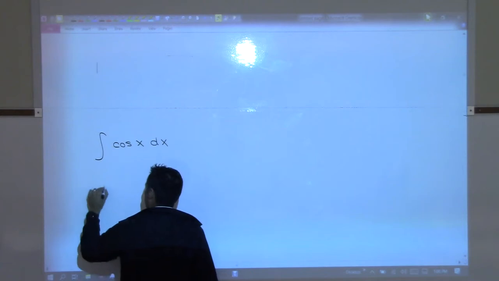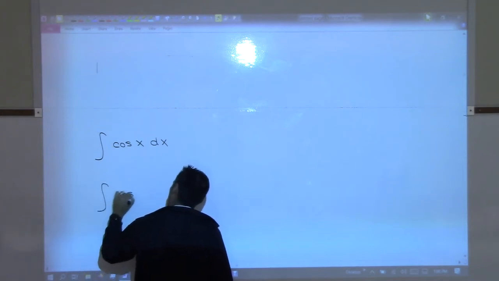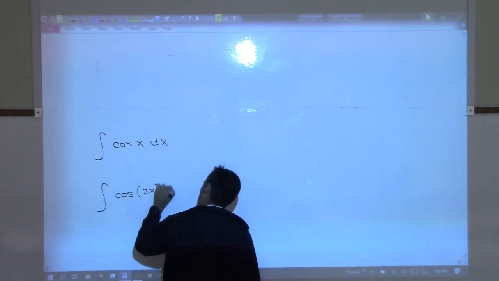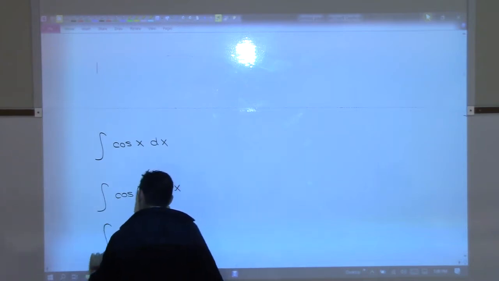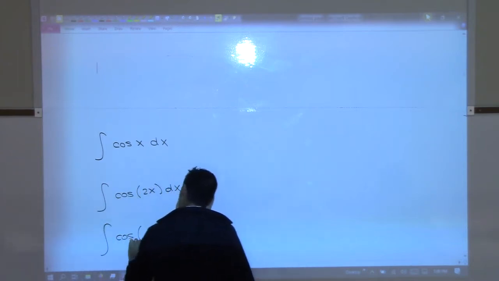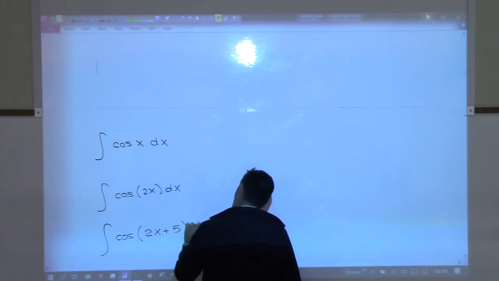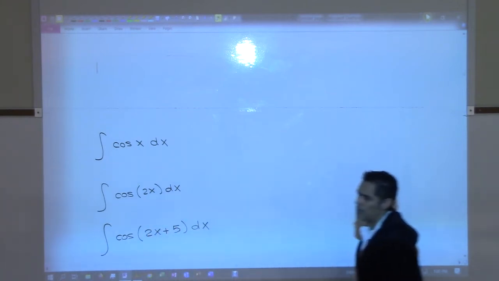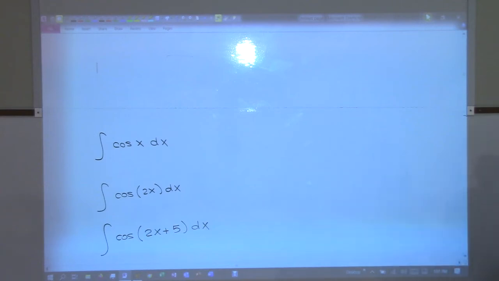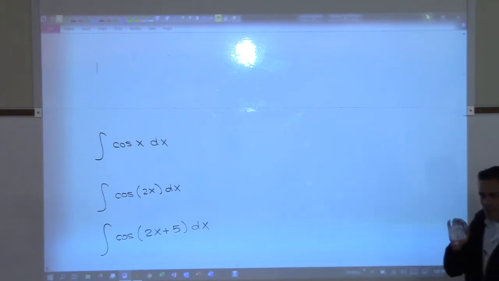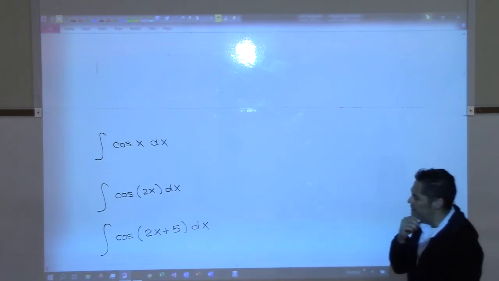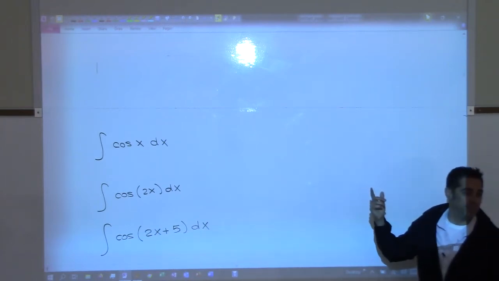All of these integrals are similar, but they're different. There are slight tweaks that we would have to make for each of these if we're going to find the antiderivative. So what about the first one?